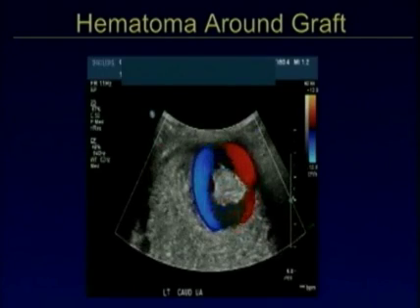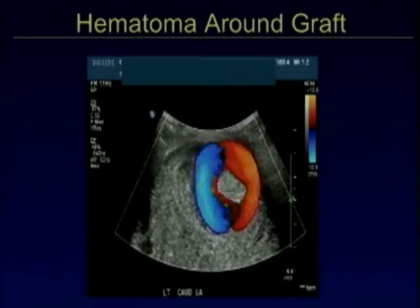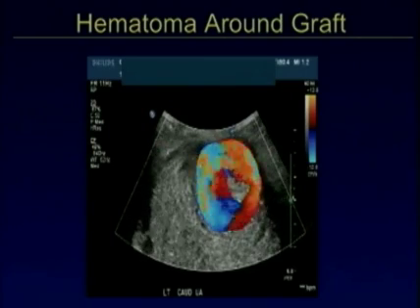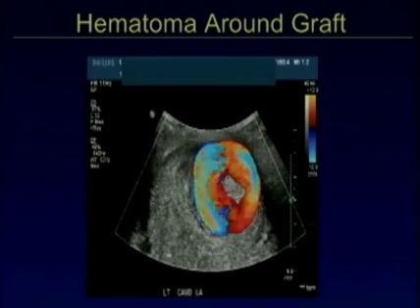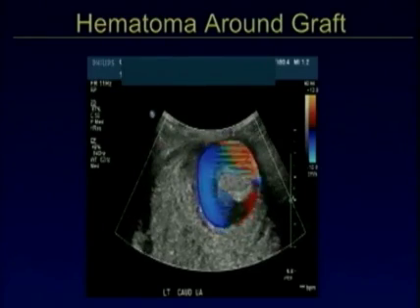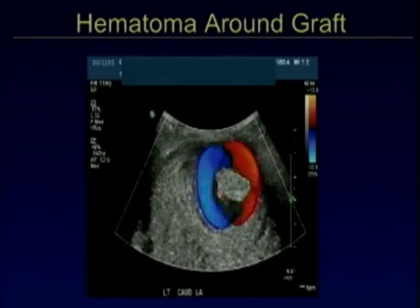This is another patient that came in and originally was thought to have a big pseudoaneurysm. You can see there's a lot of blood flow here. It kind of has the appearance of a yin-yang, and there is a lot of low or isoechoic material around this graft, and there's a huge hematoma around this.